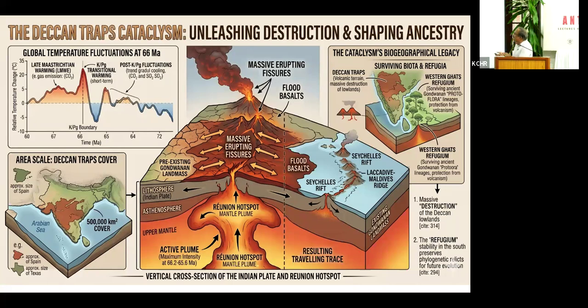So this Deccan Trap was a very massive and major catastrophic event which happened in the process of landmass evolution. And then the whole biota which was carried during the continental drift got destroyed except part of Tamil Nadu as well as Kerala.